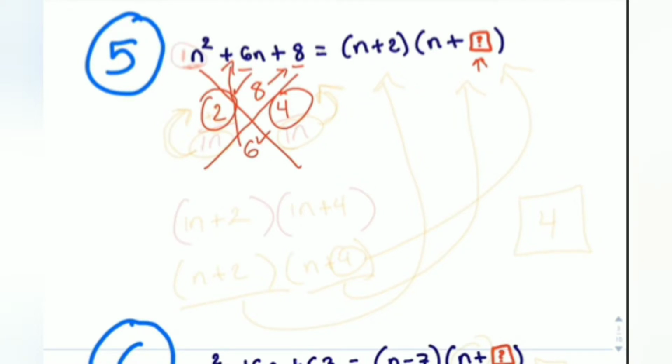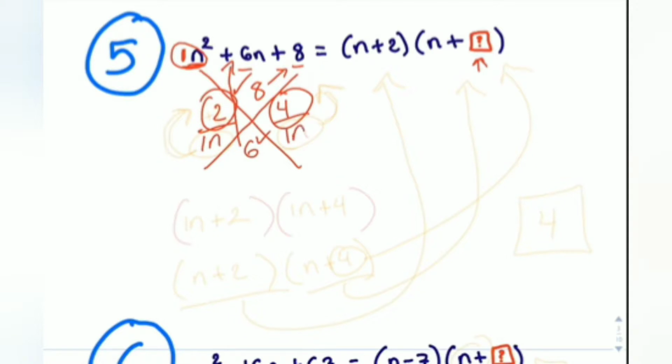After you find the two numbers, you grab the n squared. We first have to find it here, and its coefficient. We know the coefficient is an imaginary one, so we always write a 1 next to the variable. So we only grab one n, not the square, and we put it in the bottom, over 1n.